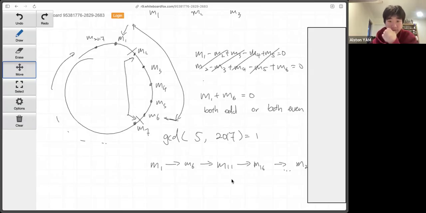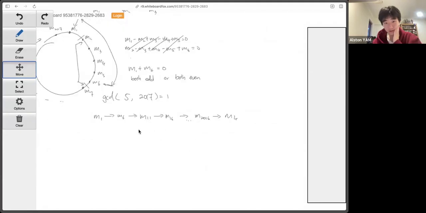Yes, okay. So M1 goes to M6, goes to M11, goes to M16, dot dot dot, goes to M2016, goes to M4. And then we can start a new cycle.